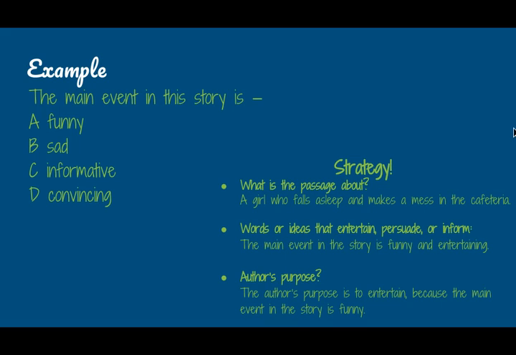First, we need to think about what this passage is about. Well, the passage is about a girl who falls asleep and makes a mess in the cafeteria. Next, we should look for words and ideas that would entertain, persuade, or give facts about a topic. Well, the main event in the story is funny and entertaining.